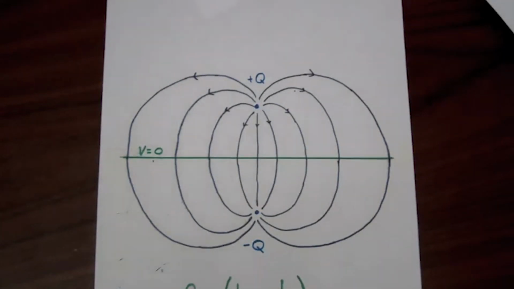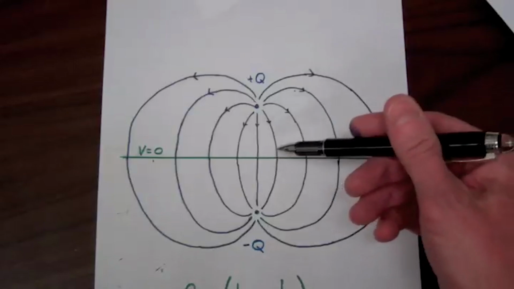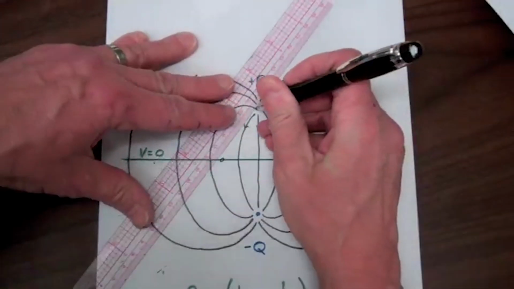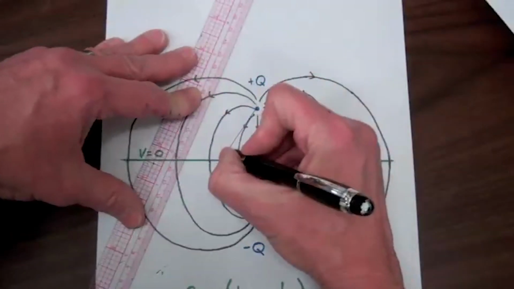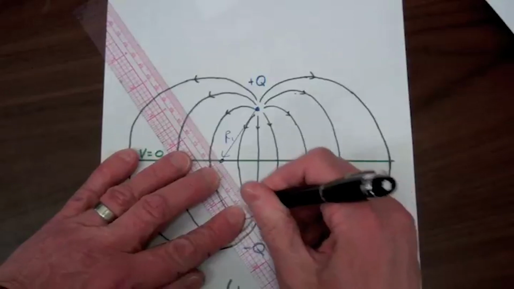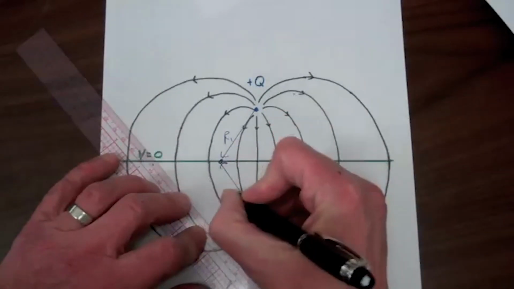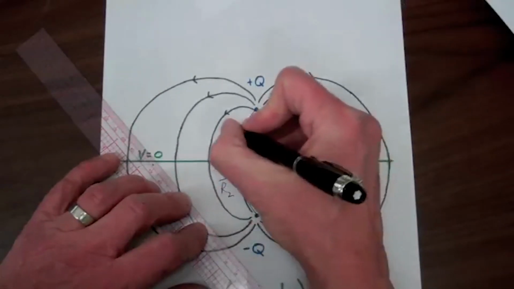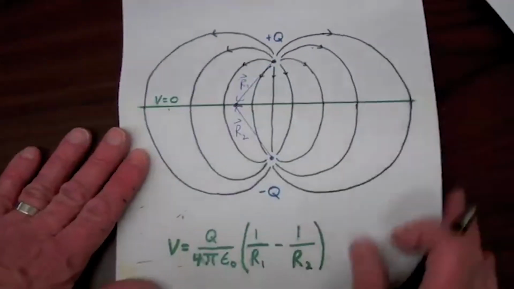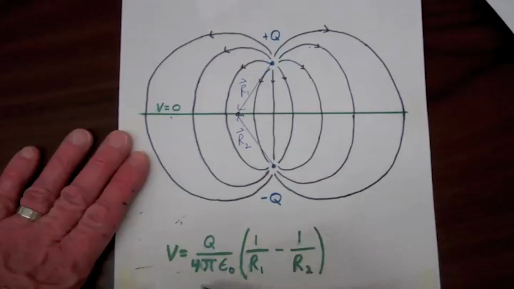If we go to any point on the plane that's midway between our two charges, so for instance this point here, this is vector r sub 1, and this is vector r sub 2, then the lengths of r1 and r2 will be the same. So the potential anywhere on that plane is going to be 0.